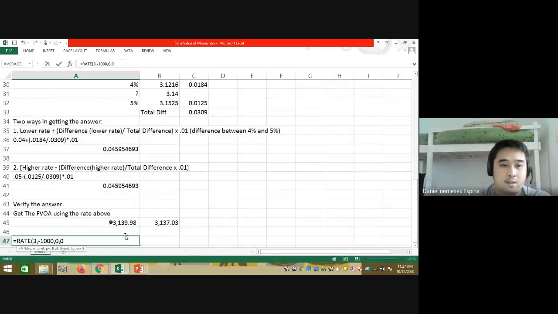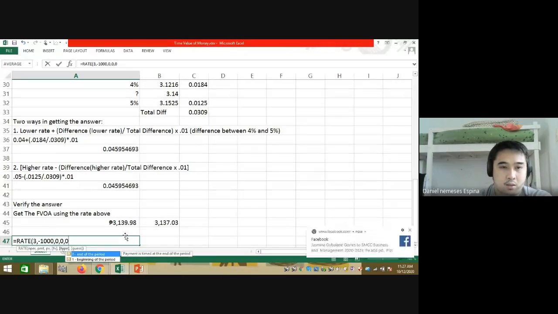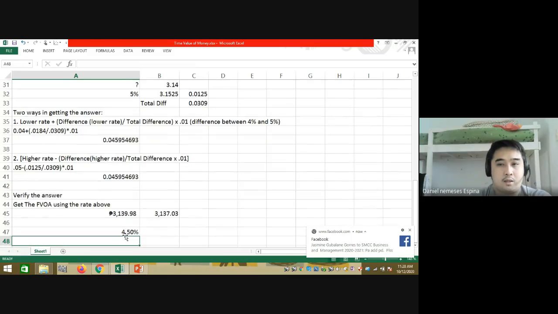And guess, the type is 0, then beginning of, wait lang. Future value, which is 3,137.03. Type is 0. I guess any number, that's it.